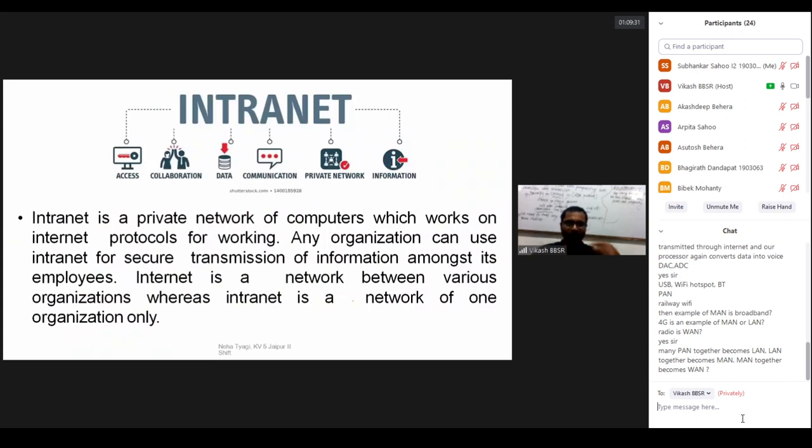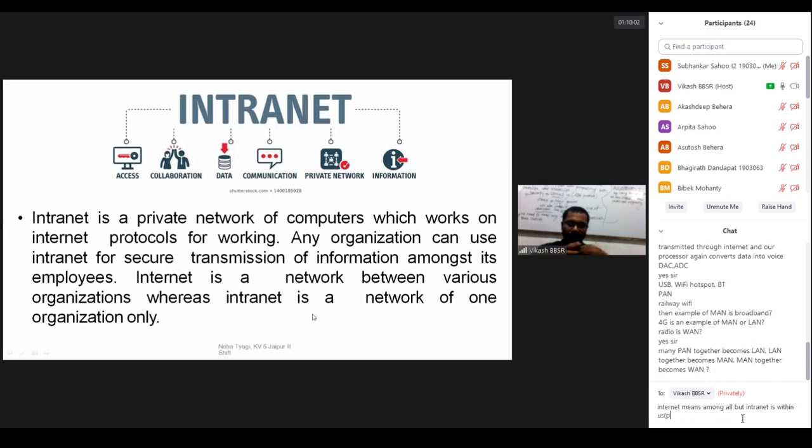What is intranet? Read and tell me. You read and tell the difference.